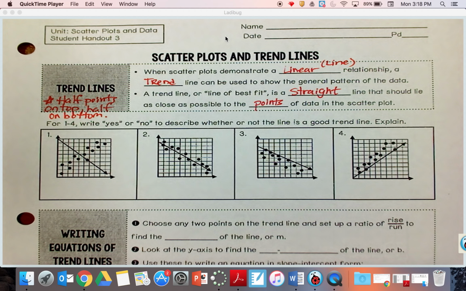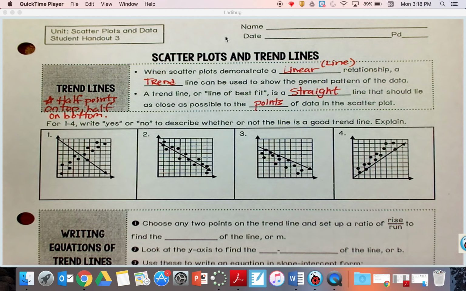It should follow the same type of association: positive if it's a positive one, negative if it's a negative one. And it should lie about halfway through so that the points hug the line.